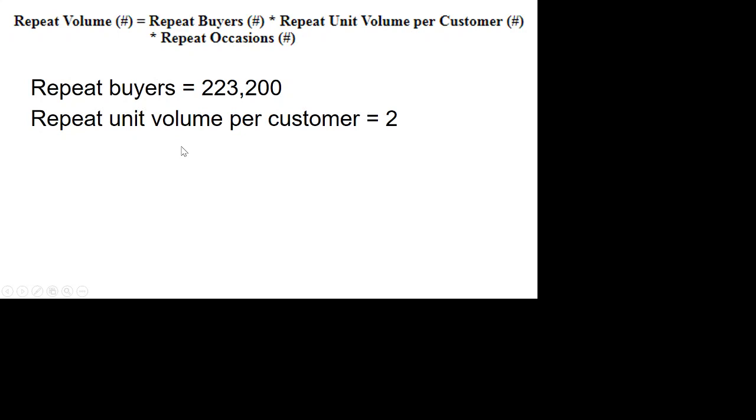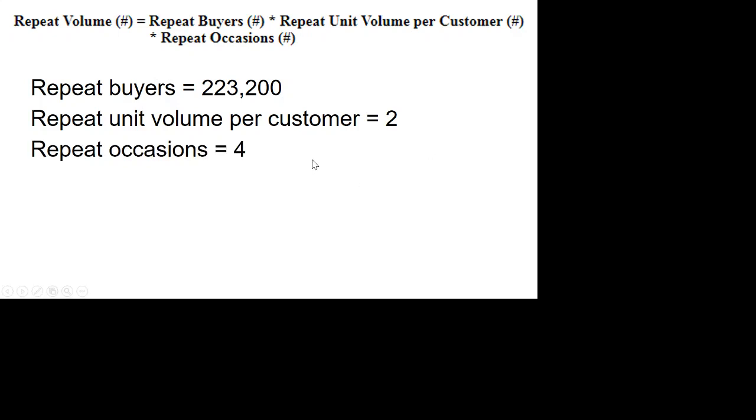And this is pretty consistent in the real world, is repeat buyers tend to come back and spend, you know, larger amounts as they go along. So it makes sense. So we can now turn the number of repeat buyers into repeat units or repeat volume. We know we just calculated repeat buyers as 223,200. We know that repeat customers buy twice.